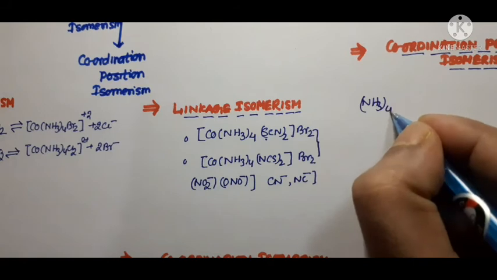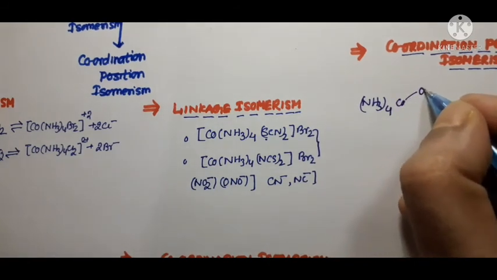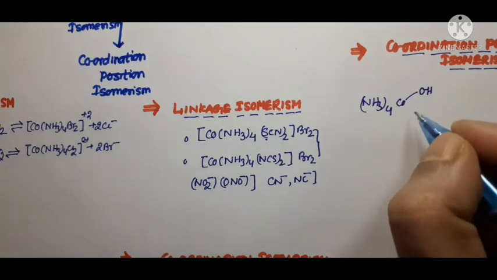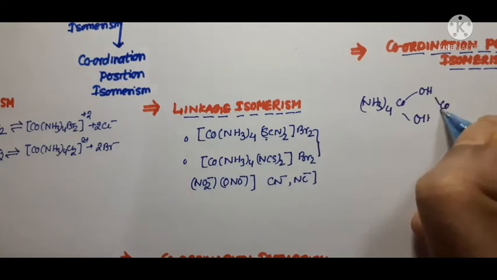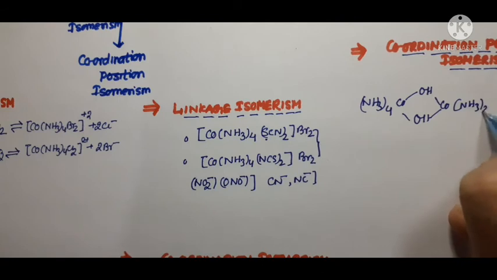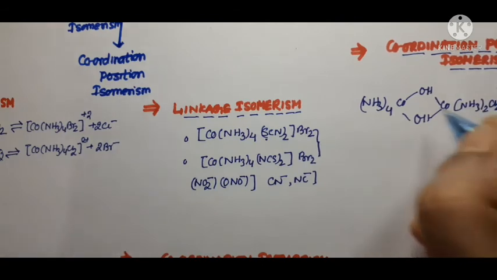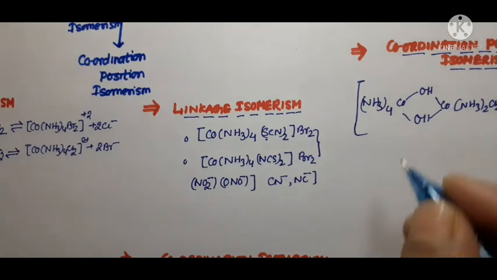[(NH3)4Co(OH)Co(NH3)2Cl2], and the bridge ligand is OH attached with the other Co. So this is taken as an example.